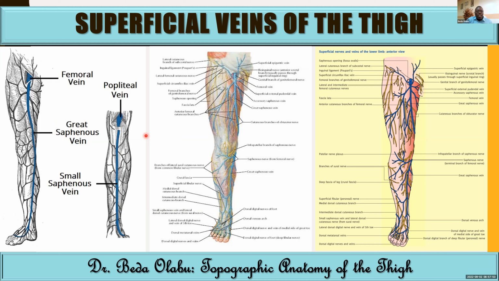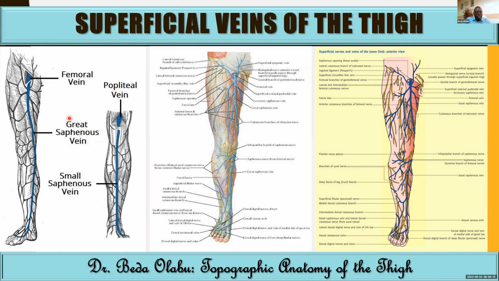There's what we call the small saphenous venous system. This one will not be so much in the thigh, but it will be more in the foot and leg, because it terminates somewhere behind the knee in a vein we call the popliteal vein. So that one will not feature much in this particular session.